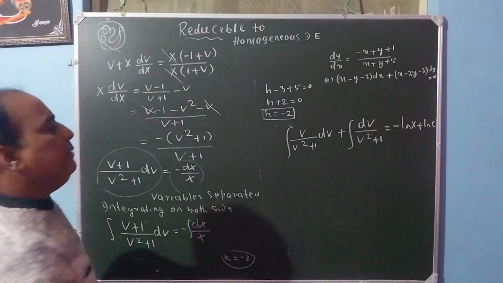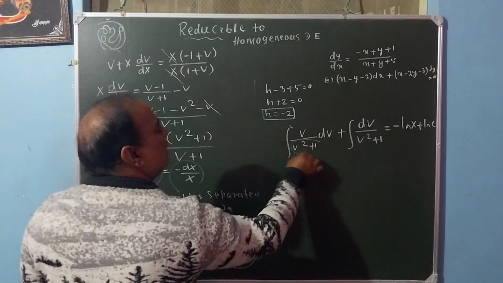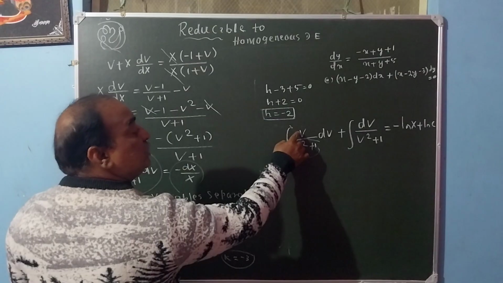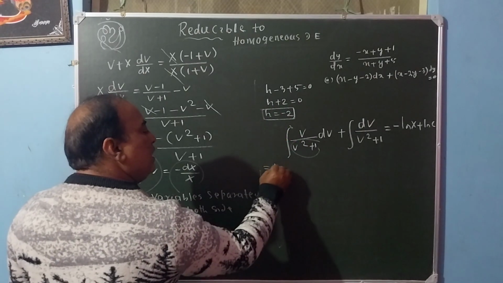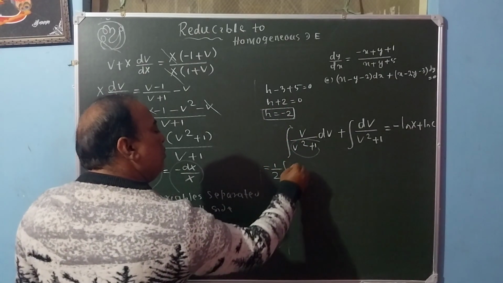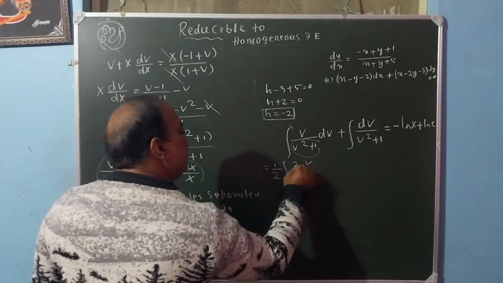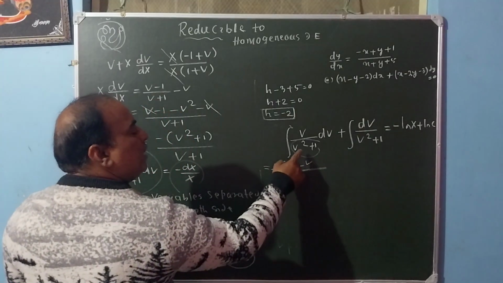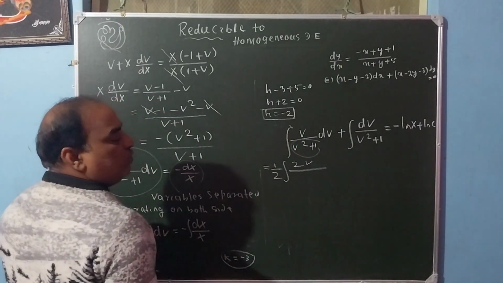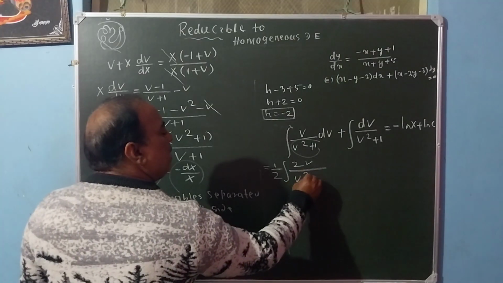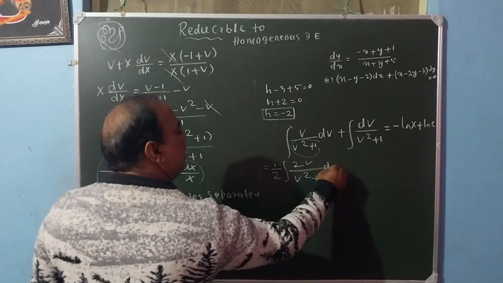If we choose f of v, whose derivative is 2v, so 1 by 2 multiplied, 2 is dividing and 2 is multiplying, 2v, because the derivative has to be adjusted in the numerator, over (v square plus 1) dv.